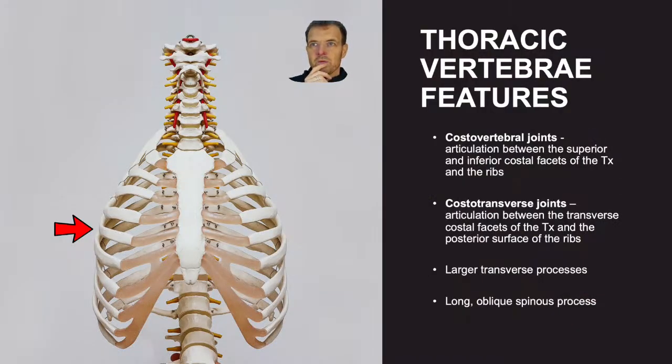So the thoracic vertebral features: we've got costovertebral joints. If we think about what that means, remember costo means rib, and vertebra is obviously the vertebra. So we've got an articulation between the superior and inferior costal facets of the thoracics and the ribs. So there's a superior and inferior rib facet joint.